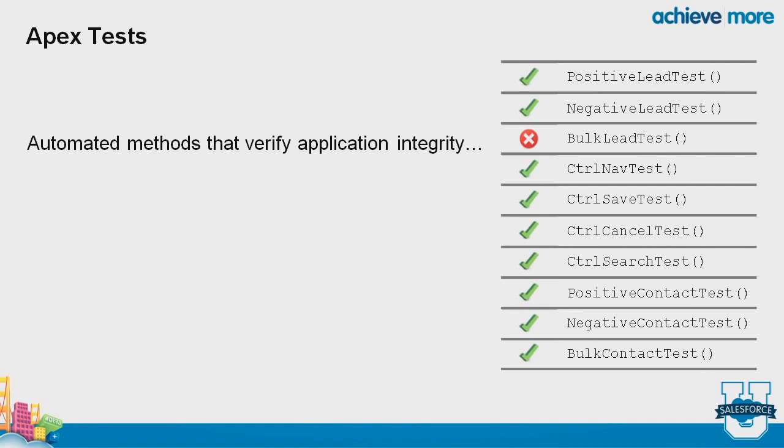That's really the reason you're here: to understand how we get that code coverage and what we have to do. We need to understand what an Apex test is, and it's basically some more Apex code to test your code. We'll see throughout the session today how you write them, what the best practices are, and all that.